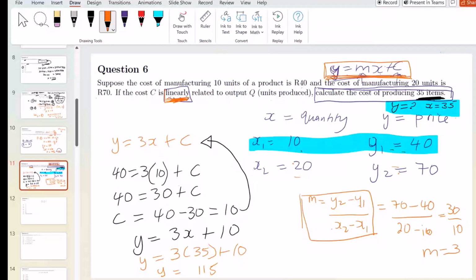Mathematizing is a different thing. So now you are interpreting: the cost of producing 35 items is 115 rand. Because there's a linear relationship between the cost and the quantity, this is how I'm mathematizing it.